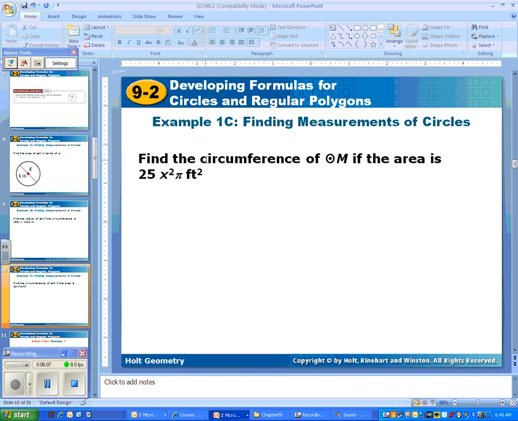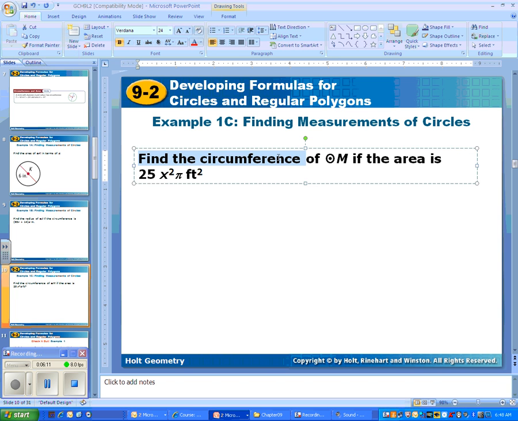Okay, this one is an even better question. This time I want you to find the circumference, but I don't tell you what the radius is. I tell you what the area is. So we're going to use both equations to figure out what the circumference is. So we know area is 25x squared. We want to ultimately figure out what c is, and we know c is 2 pi r.